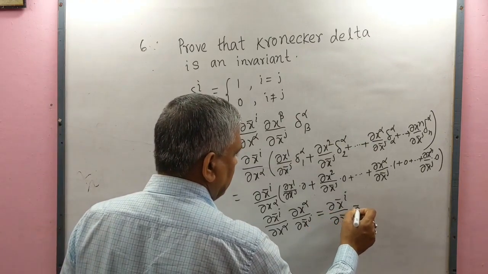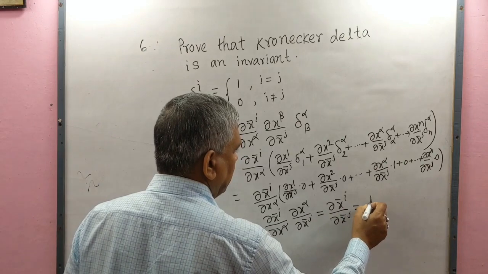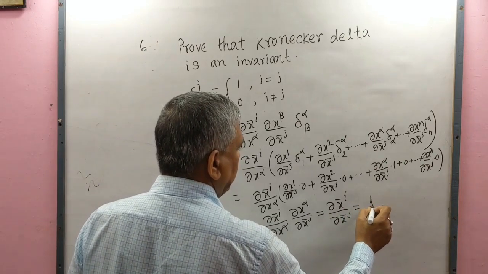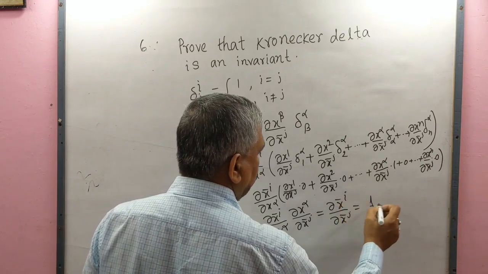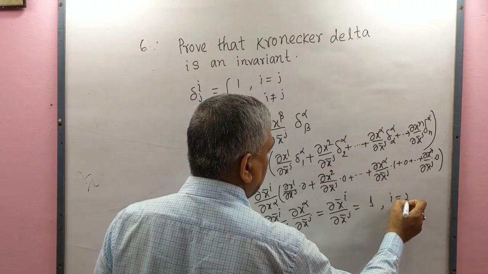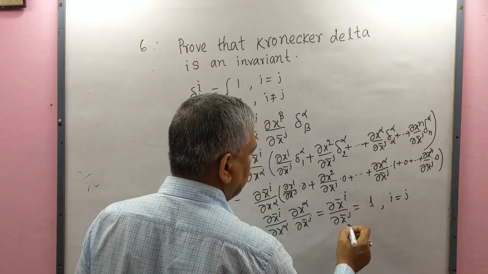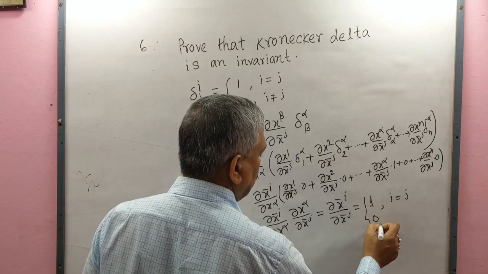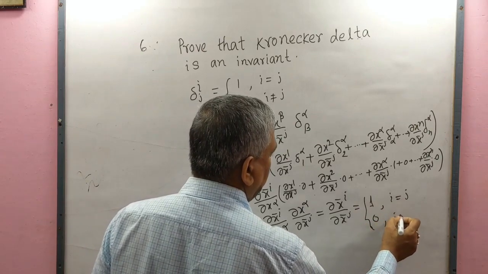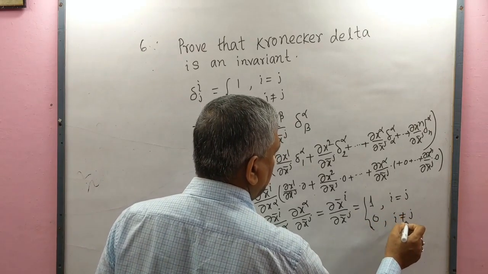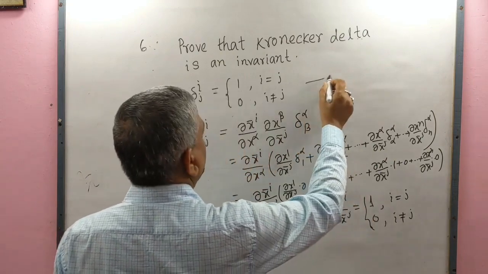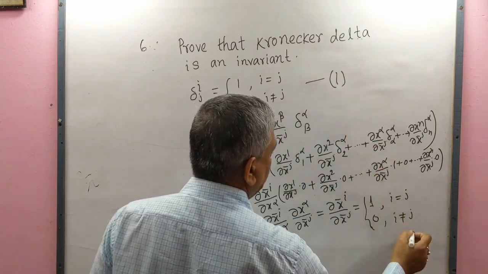The value of this is 1 for i equal to j. The value of this is 0 for i not equal to j. This is number 1 and this is number 2.